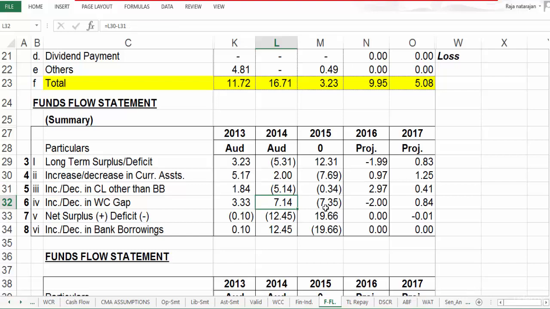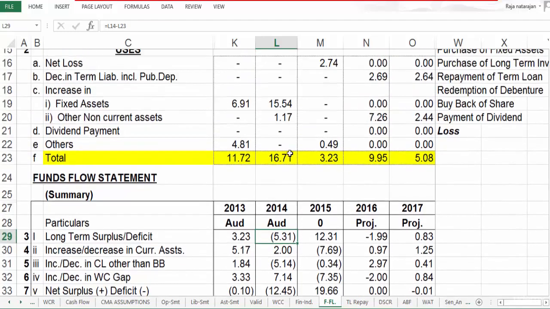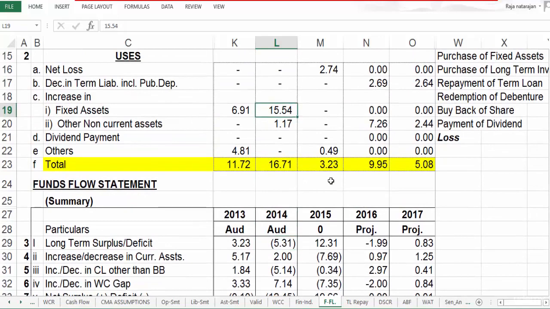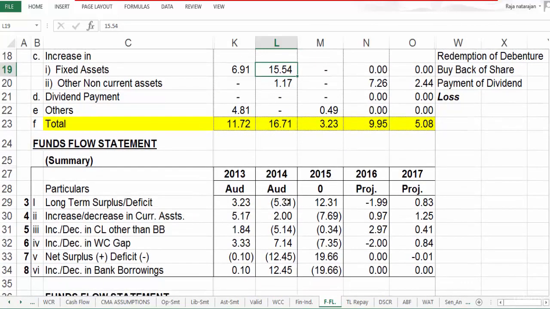Money is not coming in, it is going out. And already money has gone out to the extent of 5.31 crore in purchasing this kind of assets. So what is the total money that is going out? This 5.31 plus 7.14. So totally 12.45 crore had gone out. Now from where was this 12.45 crore funded? It was funded by an increase in bank borrowings.